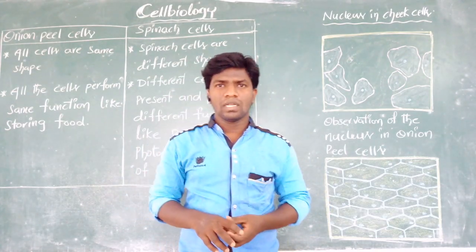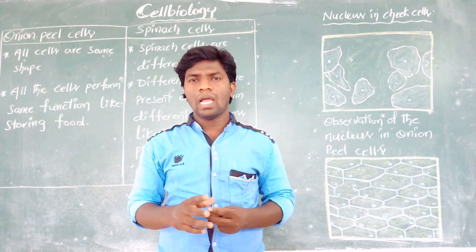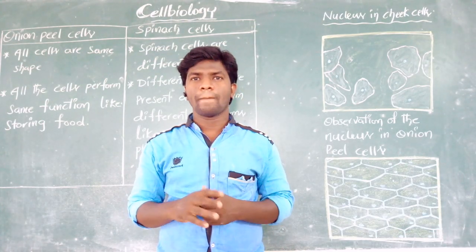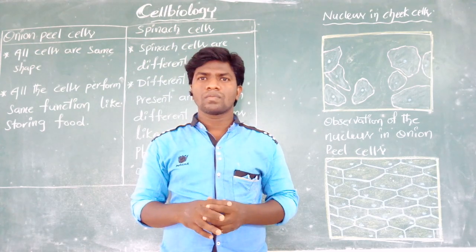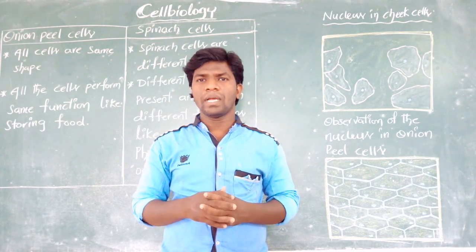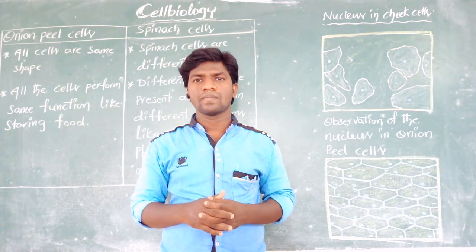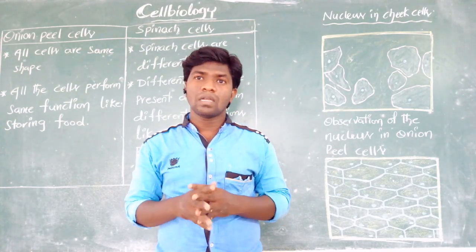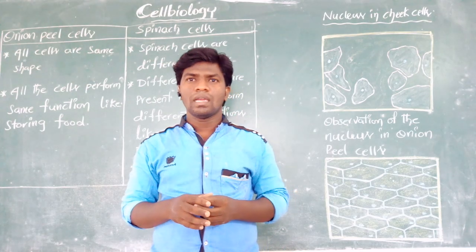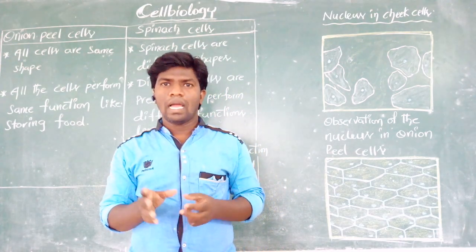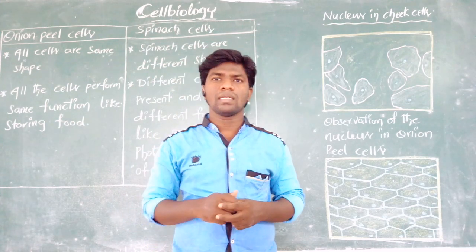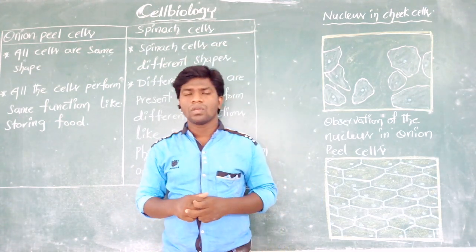Dear students, next I would like to introduce the scientist Robert Brown. A significant observation was done by Robert Brown. The observation of the scientist Robert Brown made a significant contribution to our understanding of cells.